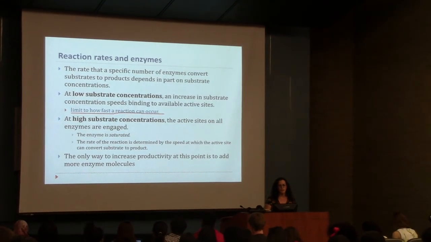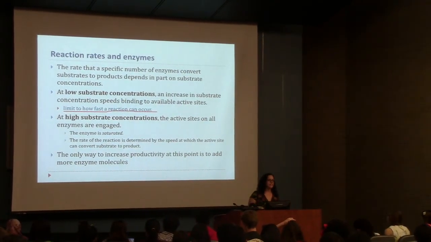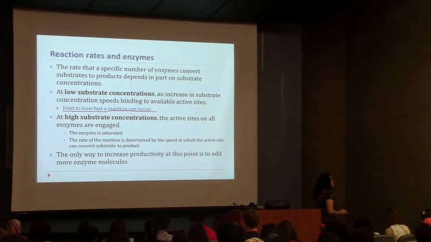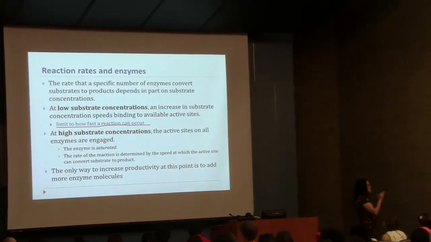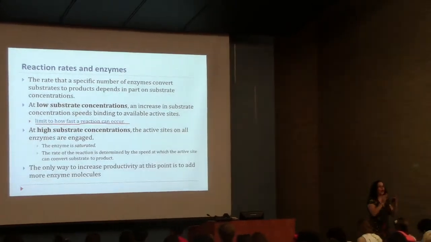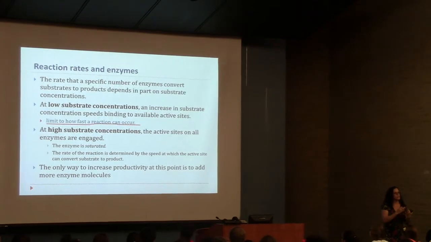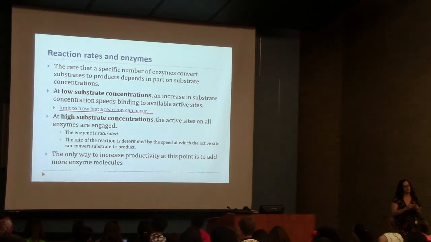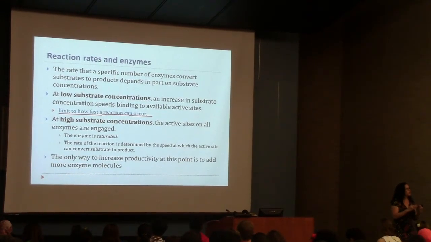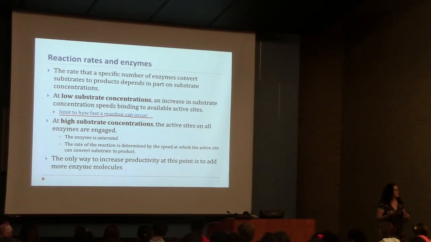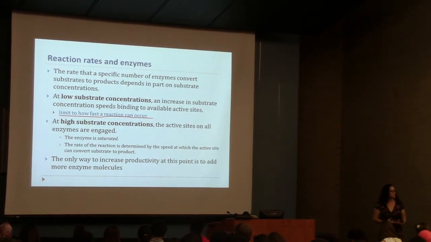Okay? In the opposite case, when you have a lot of the substrate, then what happens is that if you have a certain amount of enzyme, it will all become involved in the reaction, and it will become what we call saturated. Okay? So there are no more available active sites of enzymes for the reaction to keep occurring.